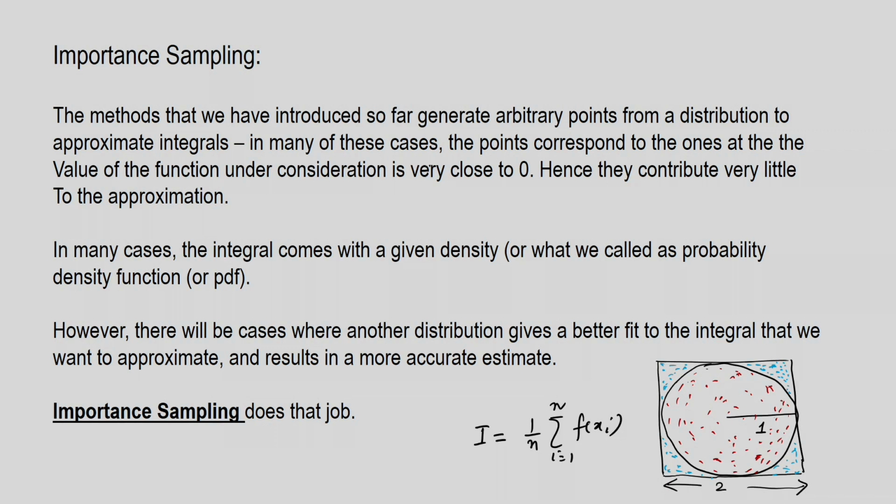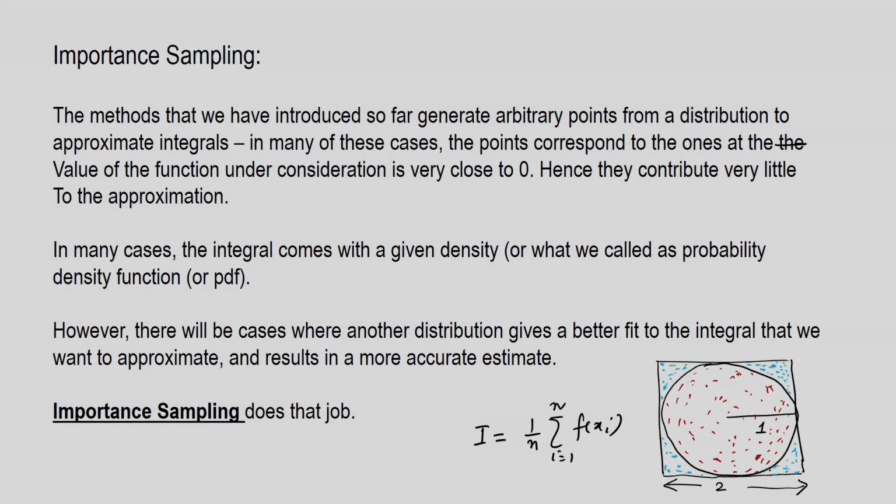Okay. And in many cases, these points correspond to places where the values of the function under consideration are close to 0. So, we are really talking of the blue points, which do not contribute to the computation of pi or the area of the circle.